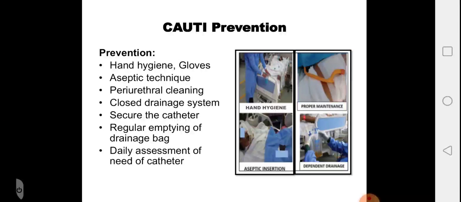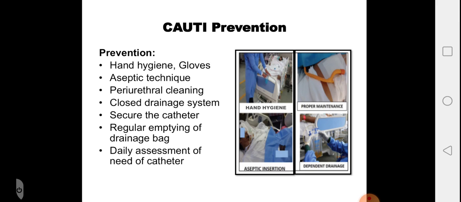Looking into CAUTI prevention, how do you prevent? What are the preventive measures taken? Standard precautions like hand hygiene, wearing a glove, following an aseptic technique, and even before introducing the catheter, you have to do periurethral cleaning and maintain the closed drainage system appropriately. That is, it should be below the level of the bladder and it should not be lying on the floor.